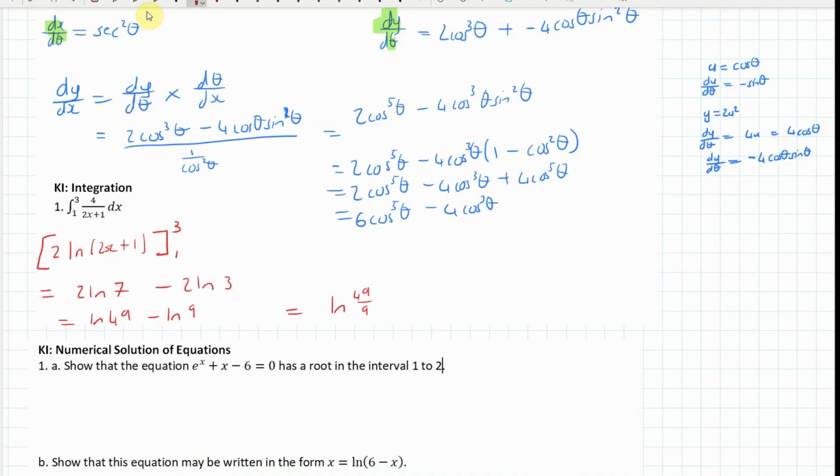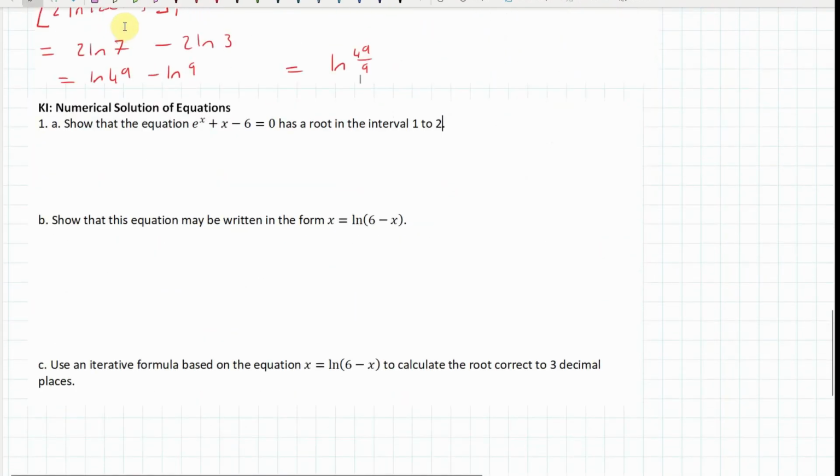Brilliant. Next one, last one, numerical solutions. We've got to show that this has a root. So I would first of all say, let f(x) be equal to e to the x plus x minus 6. And then say f(1), what does this equal? When I type this into the calculator, I'm getting negative 2.28.